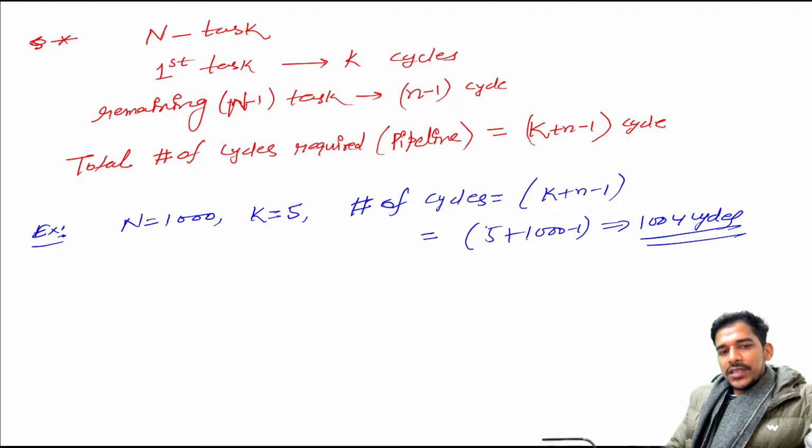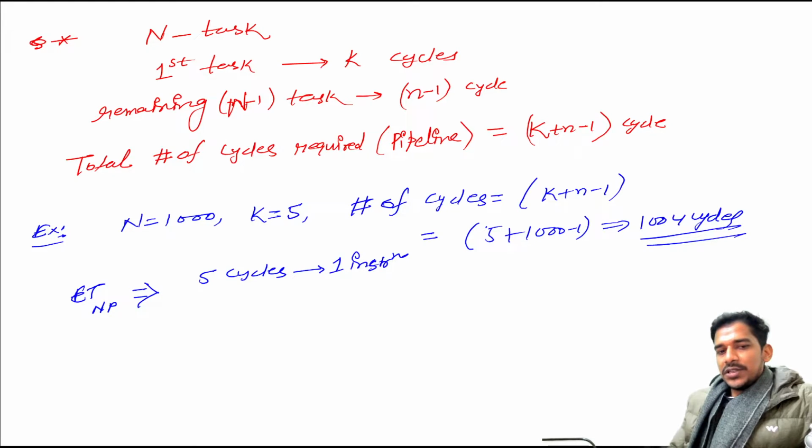If you talk about execution time in case of a non-pipelining processor, we know that tasks will be executed sequentially. So the first instruction will go through all the 5 cycles, then the second instruction will go through all the 5 cycles, and so on, like all the 1000 instructions will go sequentially through 5 stages. So it will take 5 cycles to execute each instruction in case of a non-pipelining processor.